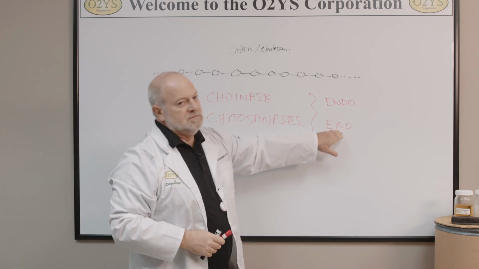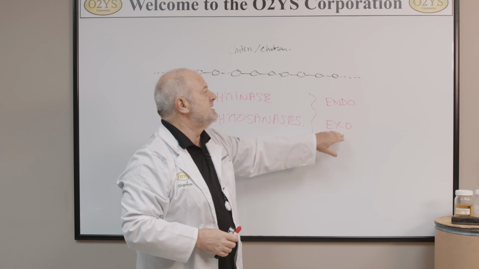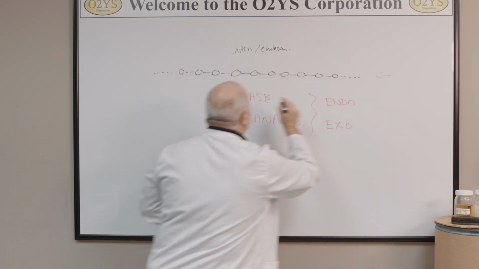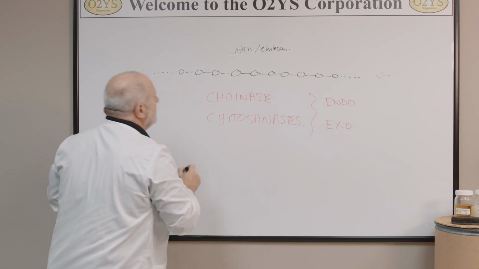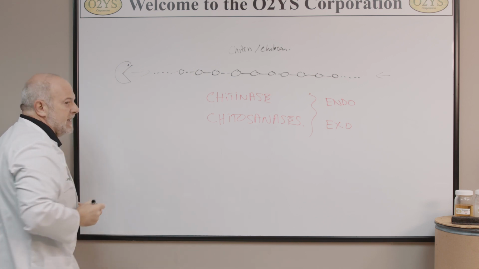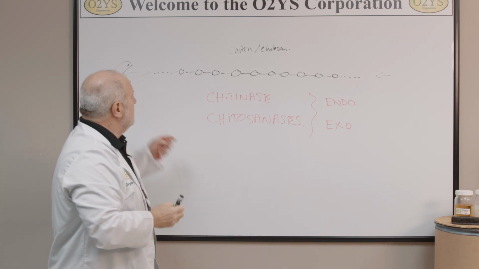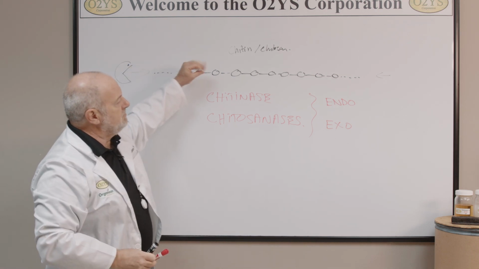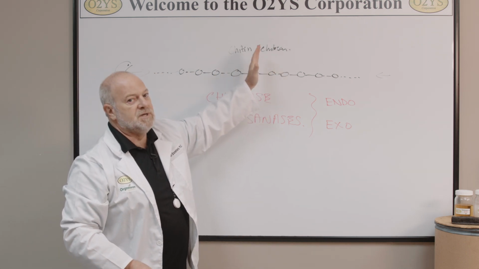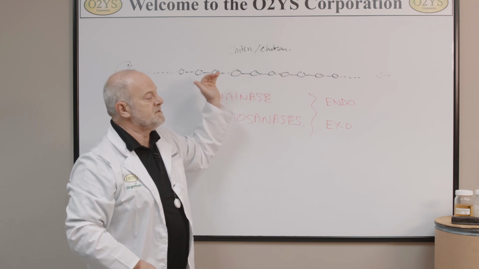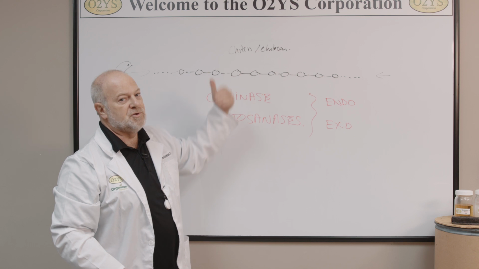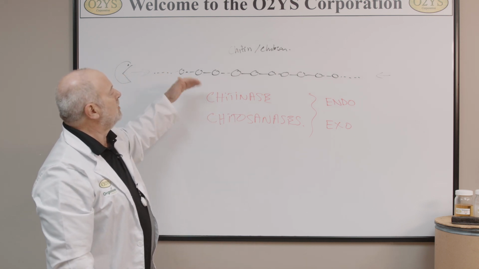The exochitinases or chitosanases work from either end. So they start off at one end and work inwards. The way I like to look at it is sort of a Pac-Man type of deal. These guys just come along and start chopping one way or the other, releasing smaller molecules, which now become water soluble, because the polymer isn't water soluble. It's also too large to transport into the microbial cells.